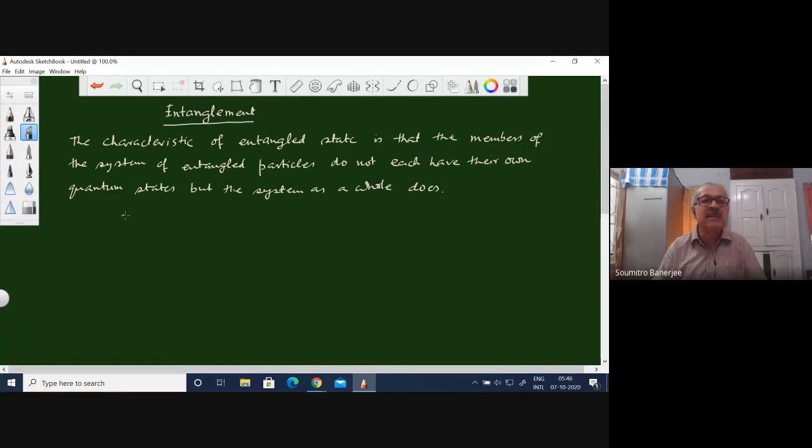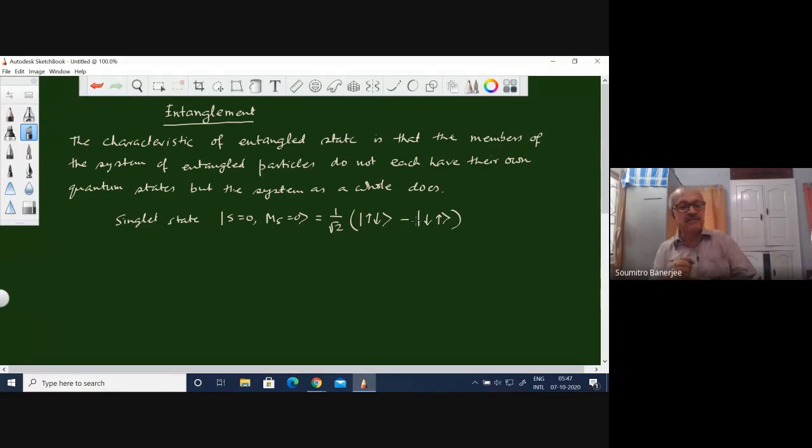Let's consider the singlet state, where S equal to 0, that state I'm talking about. And we have already learned that this is 1 by root 2, up down minus down up. So that's the singlet state.